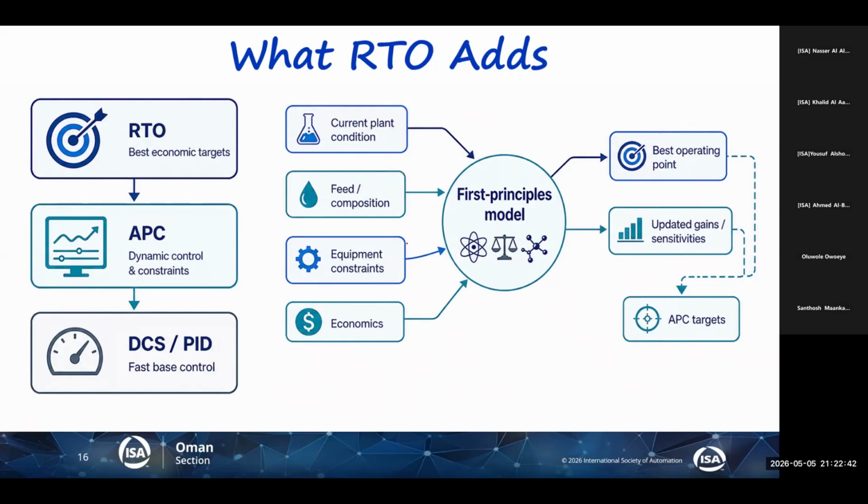So, as I said, to summarize, the discipline driver is APC and RTO is the navigator. It does not replace APC, by the way, but it gives better targets to APC. And I'm almost done. I would like to close with three messages to summarize.